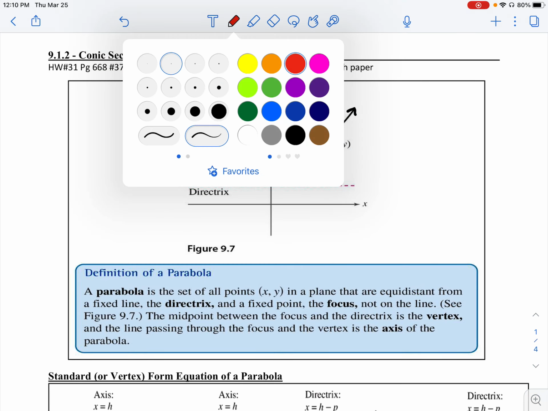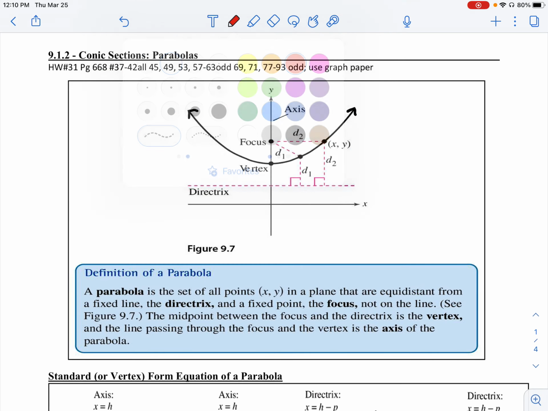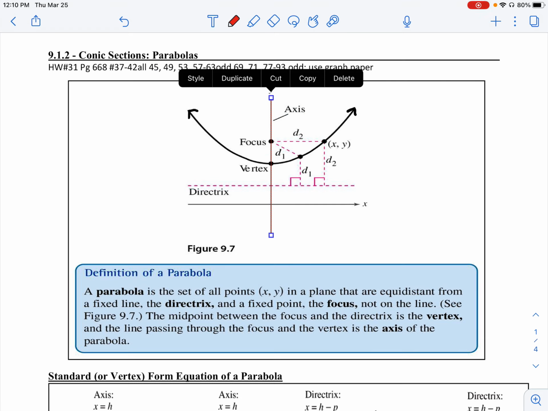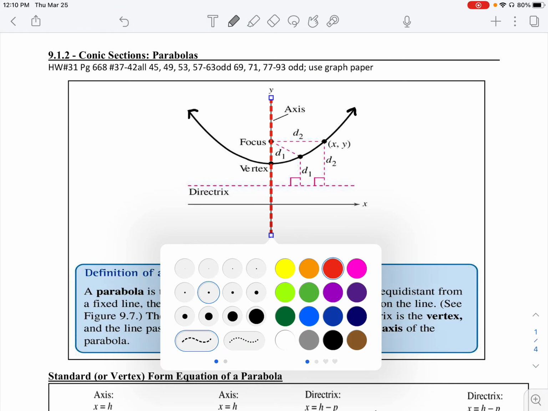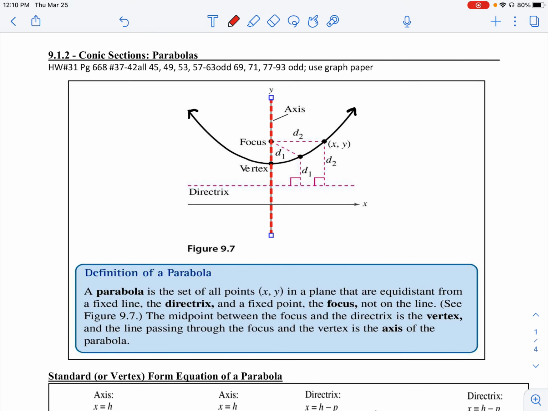So let me actually just go ahead and draw the following. So we've got an axis of symmetry, and let me make that a little bit larger so we can see that here. Okay, so inside every parabola, we have the axis of symmetry, which again works to separate the parabola into two symmetric parts.